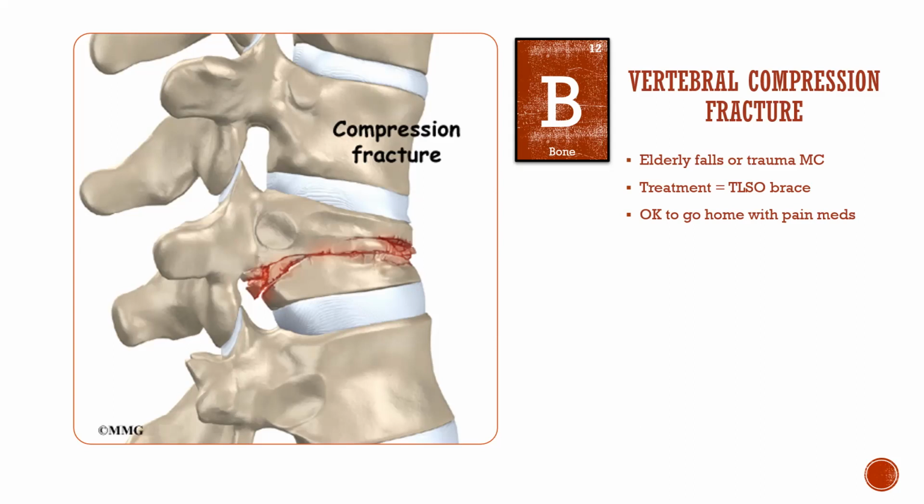But it's a brace that pretty much looks like a corset that goes over your thoracic lumbar area and sort of gives a little bit of extra support to your vertebra to prevent the total and utter compression of this area. This is okay to go home with pain meds. Remember that I would always include some kind of muscle relaxant as well, because this area is going to cause quite a lot of inflammation and muscle spasming, being that your muscles are going to have to work a lot harder to hold up your spine.